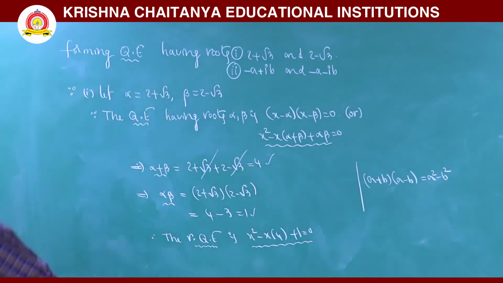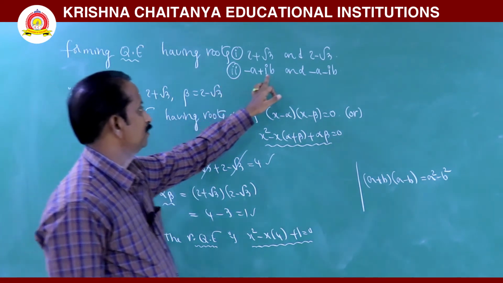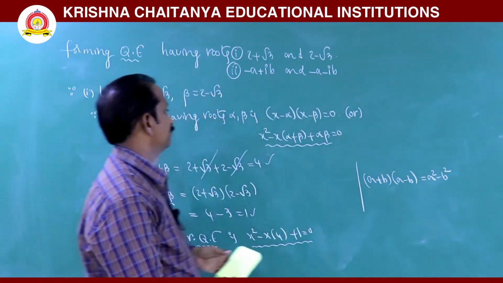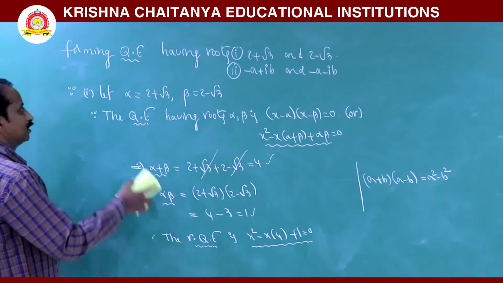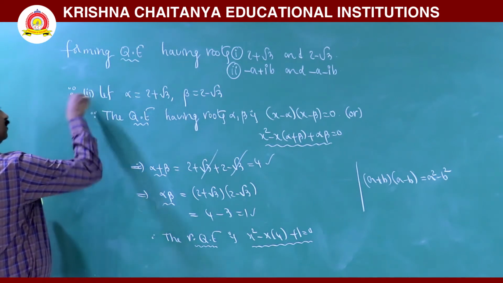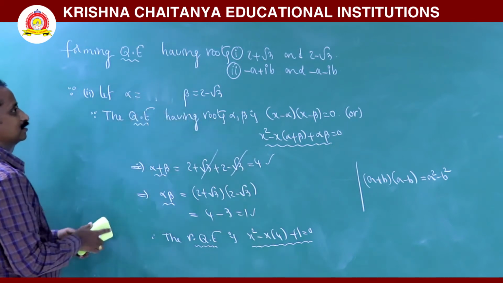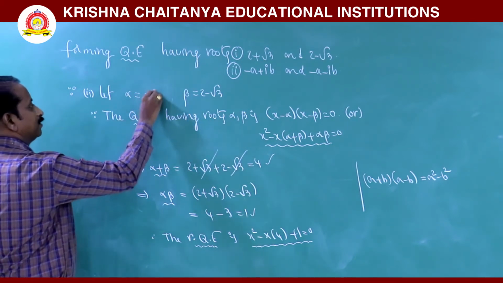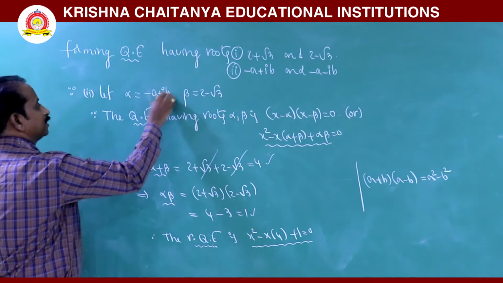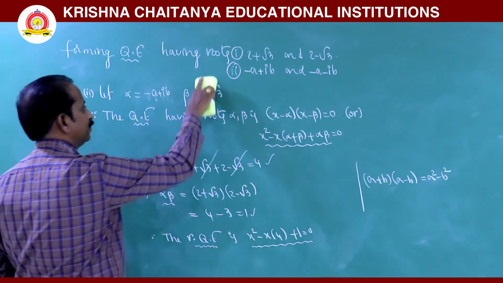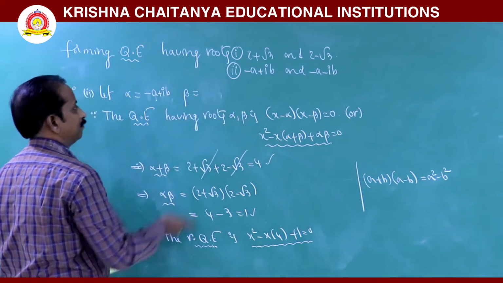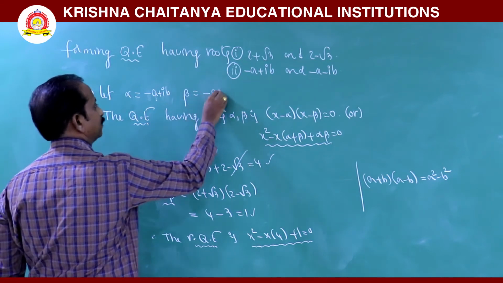Roots are minus a plus ib and minus a minus ib. Now, in the second question, alpha will be considered as minus a plus ib. Beta will be considered as minus a minus ib.